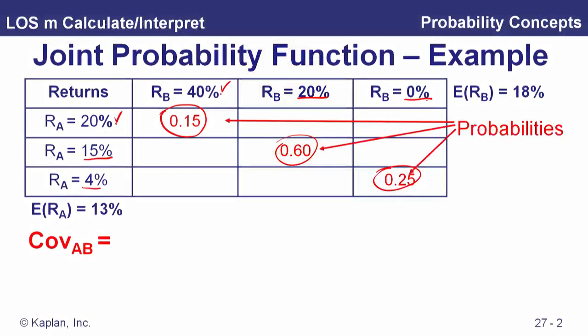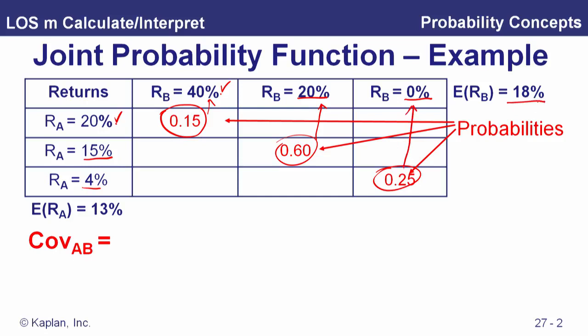So we just do our same old covariance calculation. First, we need the expected value, right, to take the deviations from the expected value. So we take those probabilities and multiply them. Those are our weights for the outcomes. So 15% times 40%, and 60% times 20, and 25% times 0.